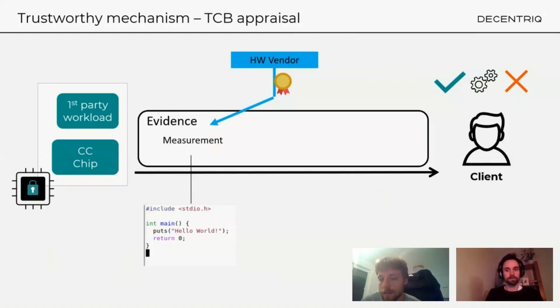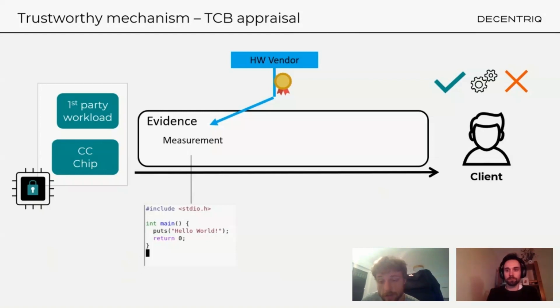Furthermore, we need the hardware vendor to sign over the measurement and actually every piece of evidence that we get from the computing system. This needs to be the hardware vendor, and I'll go into a bit more detail later on why this is.